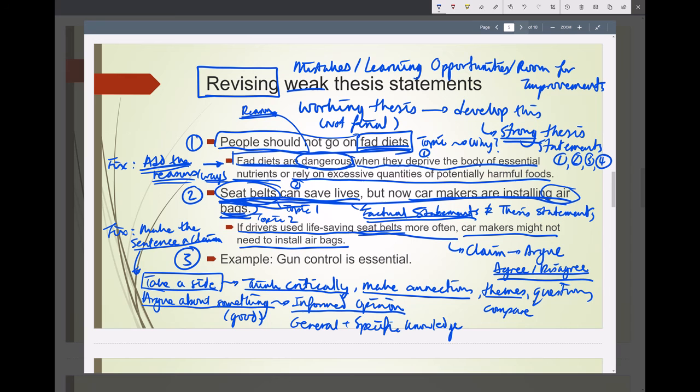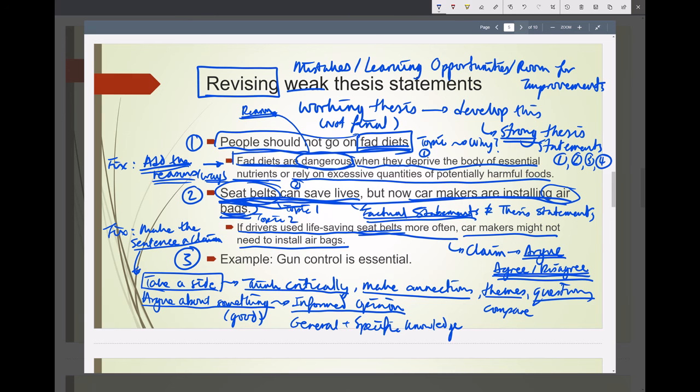Maybe you ask questions. Maybe which one saved more lives? Well, maybe you find out that seatbelts save more lives for various reasons, and you go, oh, well, this writer thought maybe seatbelts save more lives. Well, that means if people wear seatbelts more often, they don't need airbags then. Maybe. Again, this is a statement that you can agree or disagree with, but at least the writer can argue about this.